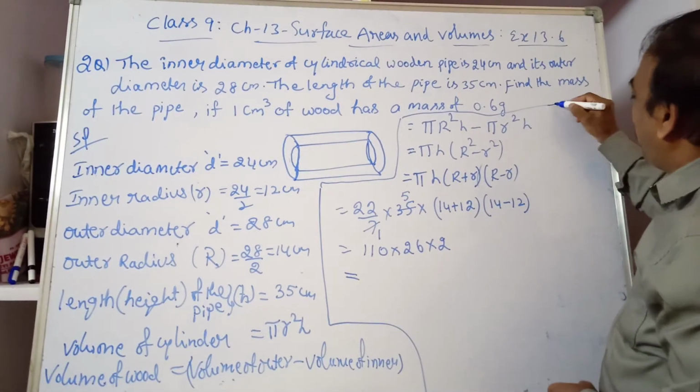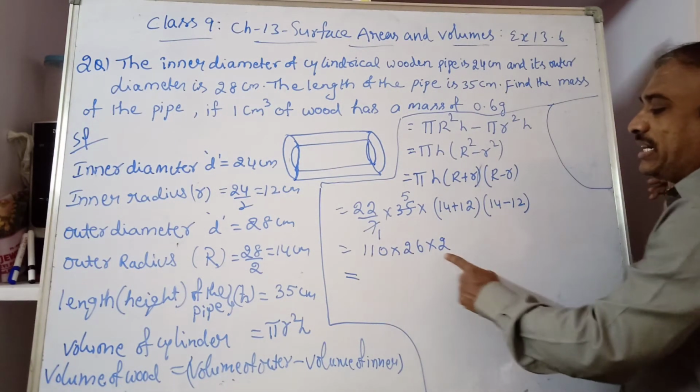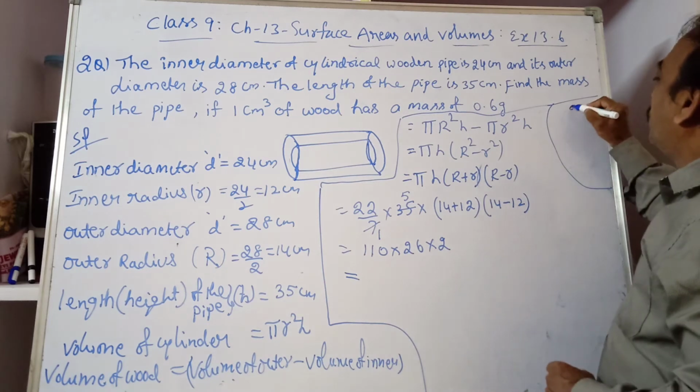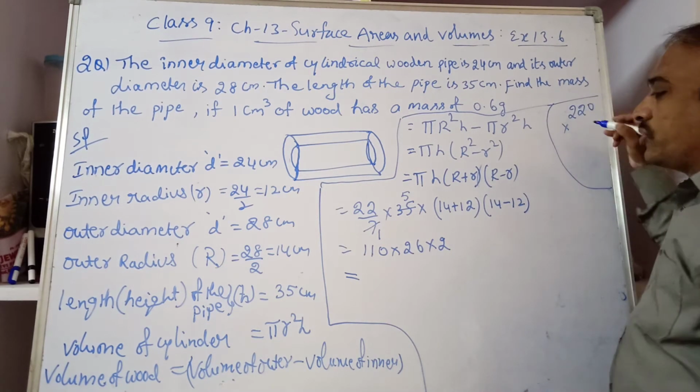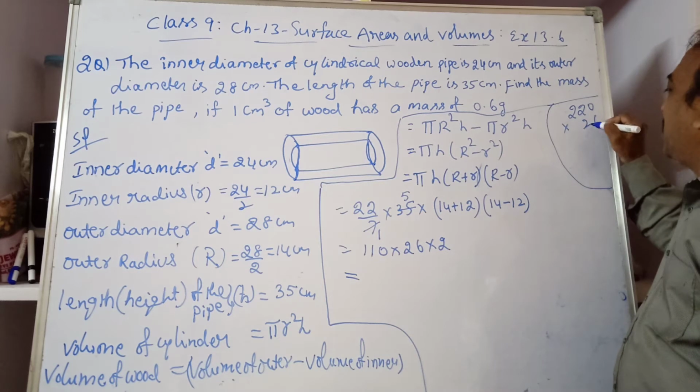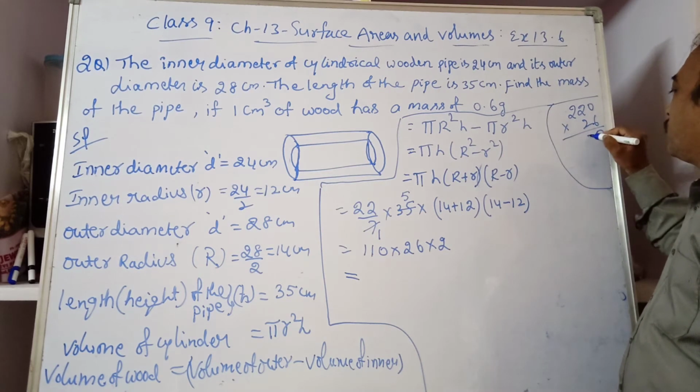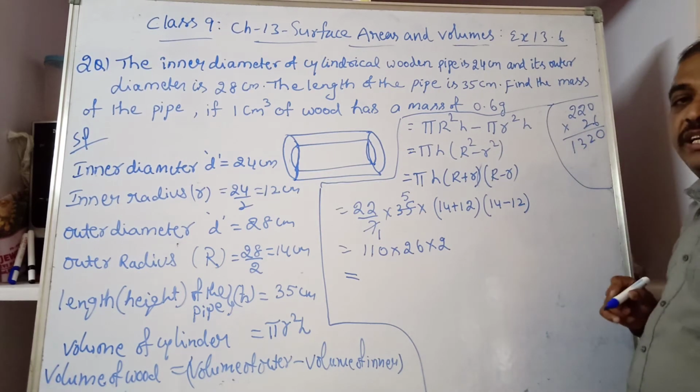Here I am doing the rough work. 220 into 26: 6 zeros are 0, 6 2s are 12, plus 1 is 13.